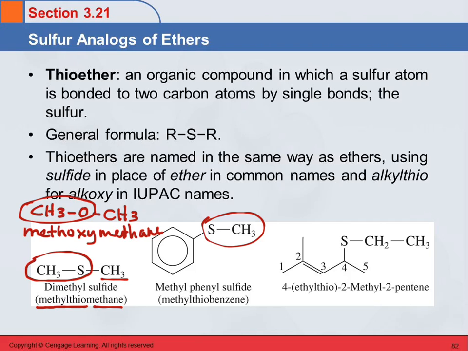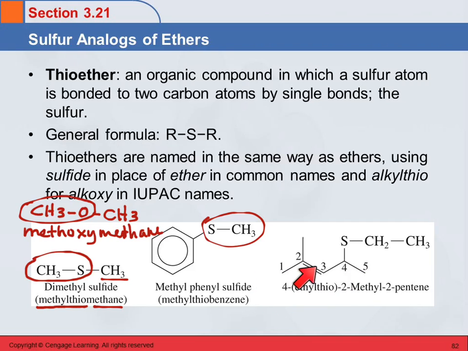Let's look at this guy over here. That's a mouthful, isn't it? This one's too big and messy to have a common name. So the base name here, let's try to sort this out, is pentene. So they've numbered this chain for us here. 1, 2, 3, 4, 5, and this is way harder than anything I'll give you on a test.